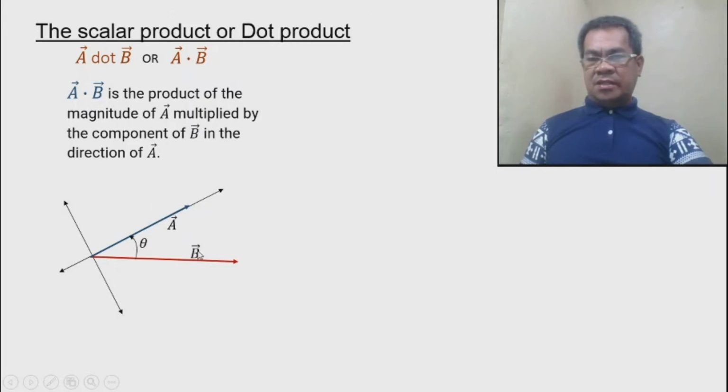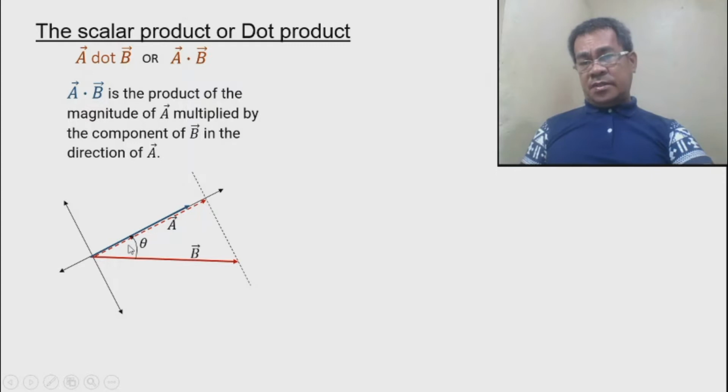In order to break b into two components, we have the parallel component and the perpendicular component. We are concerned with the parallel because this is in the direction. To find the components, you have to extend a line projecting towards this line, so we have this 90 degrees projection. The other component is here, but we are not concerned with this because it is perpendicular. We are concerned with the parallel because it is in the direction.